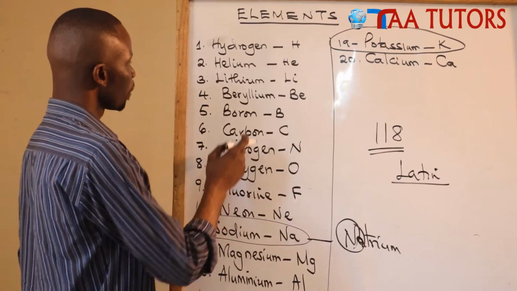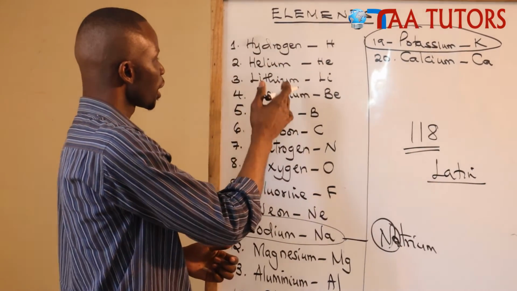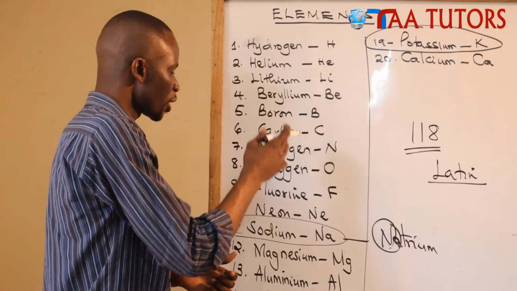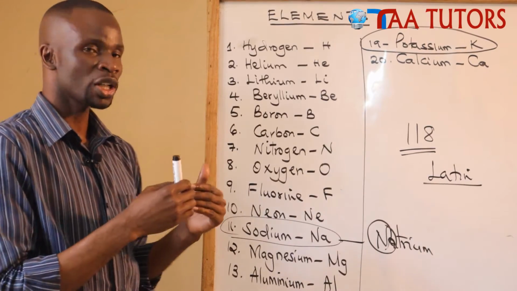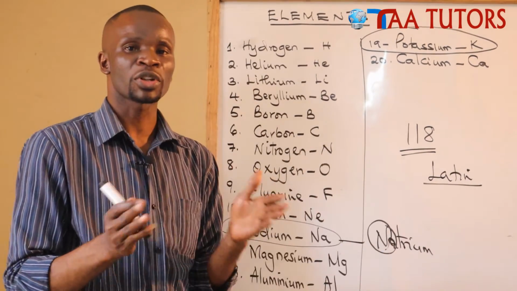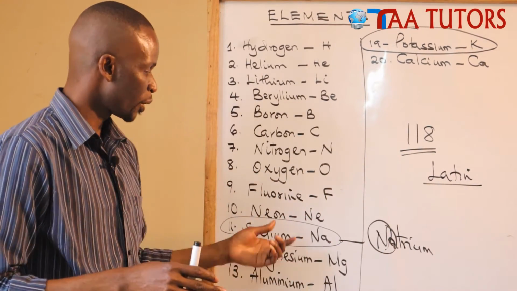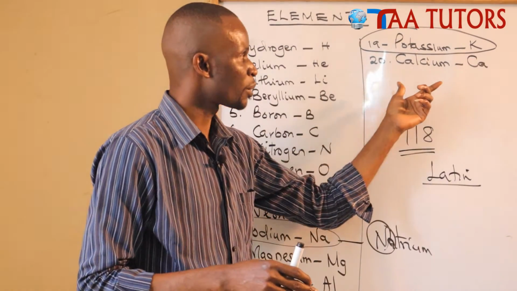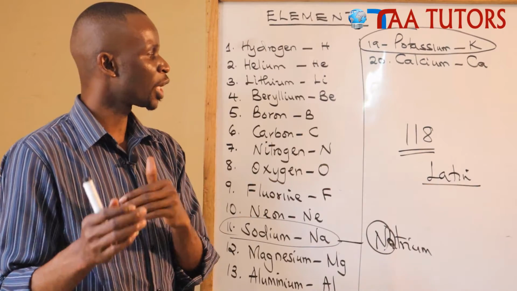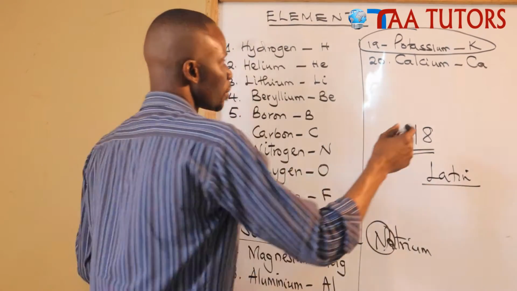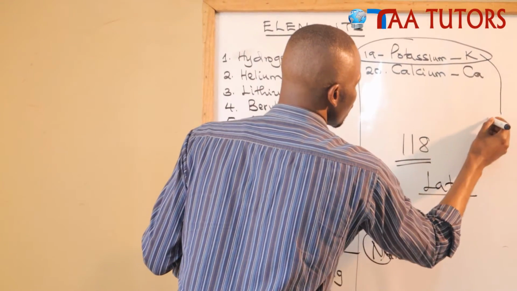But the other names, if you look at number 1, hydrogen, helium, lithium, beryllium, carbon, nitrogen, all those ones, look at their symbols, it's like English borrowed from Latin. So the names are shared in both languages. But when it comes to sodium and potassium, the English have their own specific names, and then the Latin names are also there. But the symbols have to come from Latin.